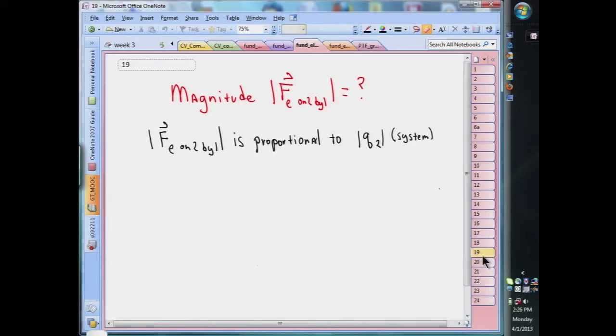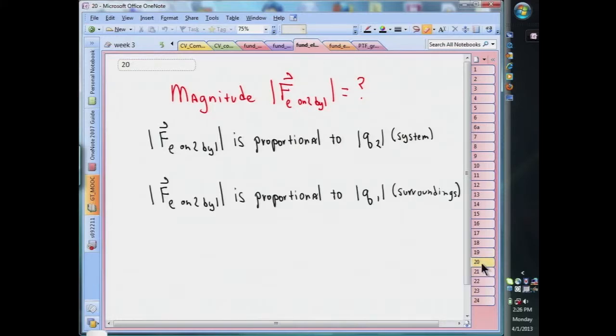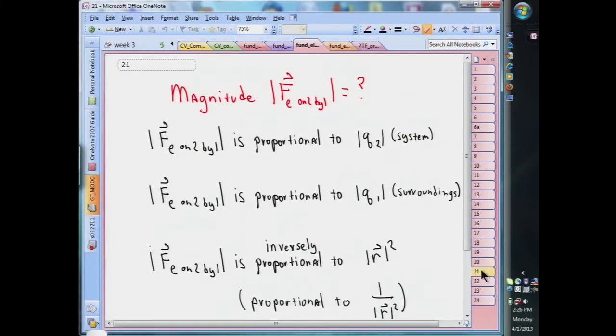Experiments and observations tell us that the magnitude of the force is directly proportional to the magnitude of the system charge Q2, as well as directly proportional to the magnitude of the charge Q1 in the surroundings, the source charge. Experiments and observations also tell us that the magnitude of the force depends on the distance between the two charged objects. Specifically, the magnitude of the force is inversely proportional to the square of the distance, where that distance is given by the magnitude of the vector r.